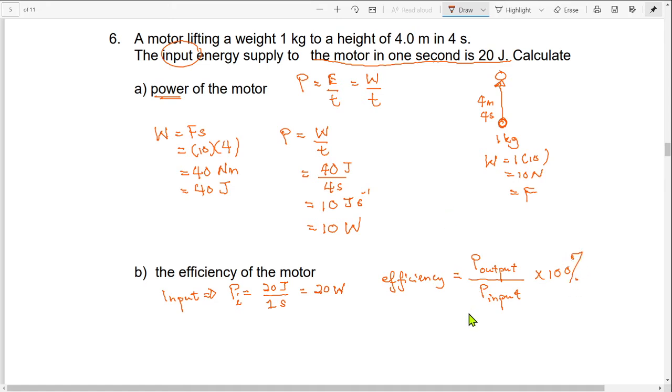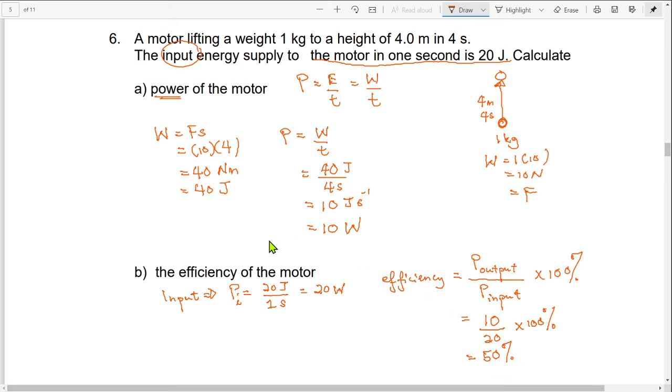Okay, so what is my P output? P output will be up here, and that is the power of the motor when we did the calculation by means of the displacement just now. Alright, so the P output is only 10 watt, but the input is 20 watt. So multiply by 100%, so the efficiency is merely 50%.